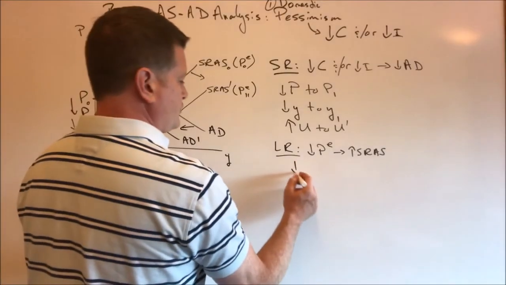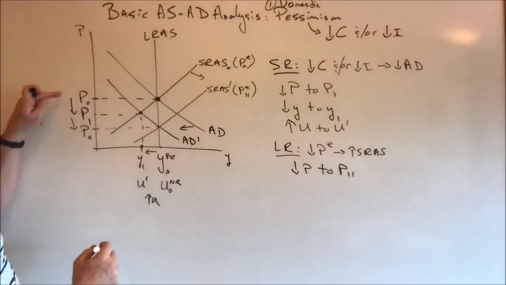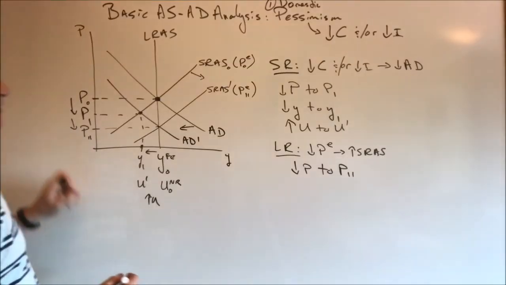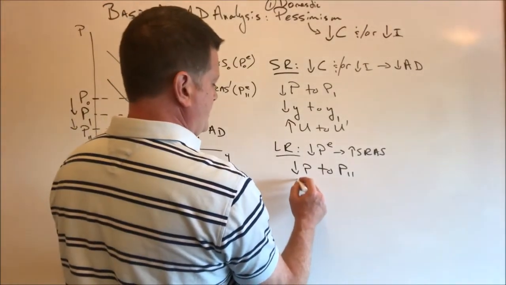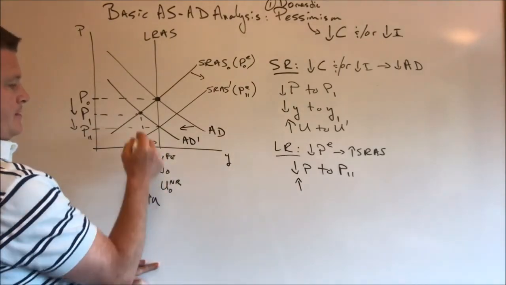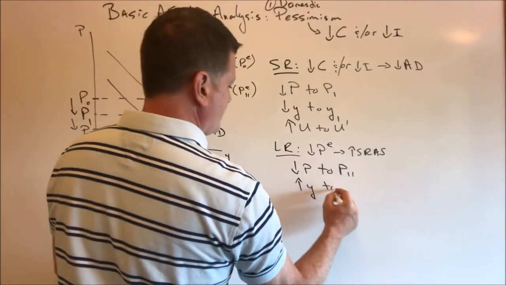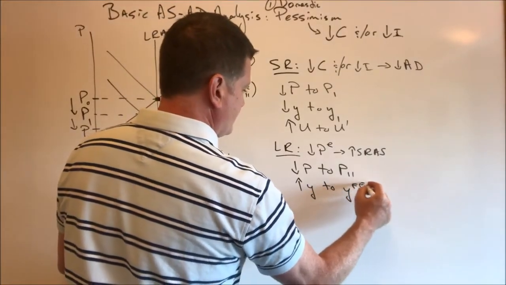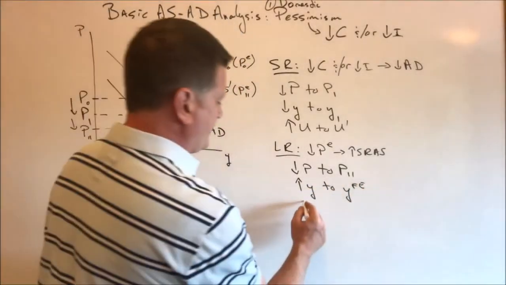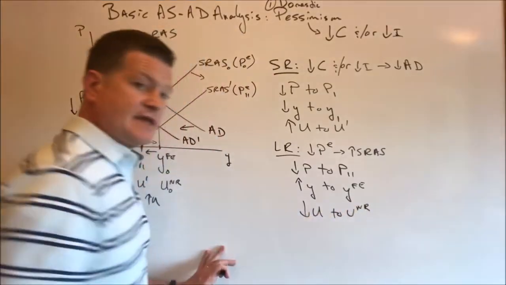That, in turn, pushes the price level down further to here. We had fallen from here all the way down to here. It pushes output back up. So we were here and we've now returned back to here, back up to full employment. And at full employment, that means unemployment must have fallen back to its natural rate.